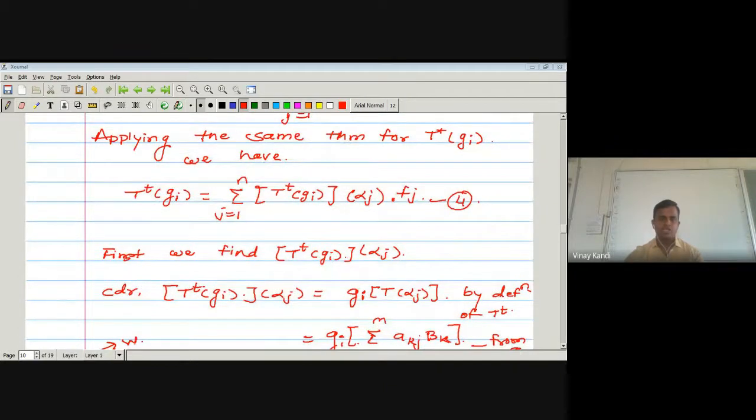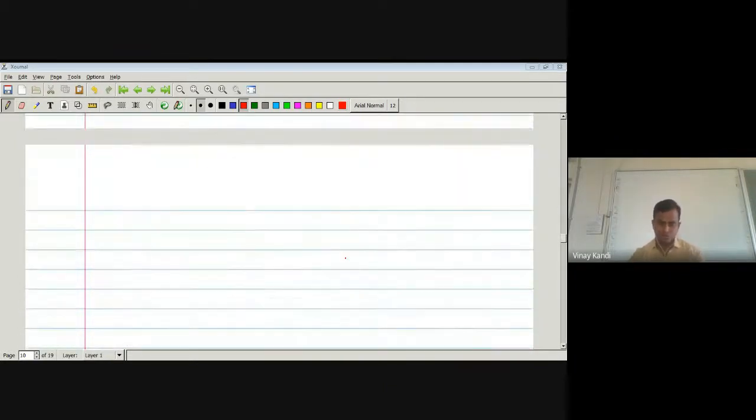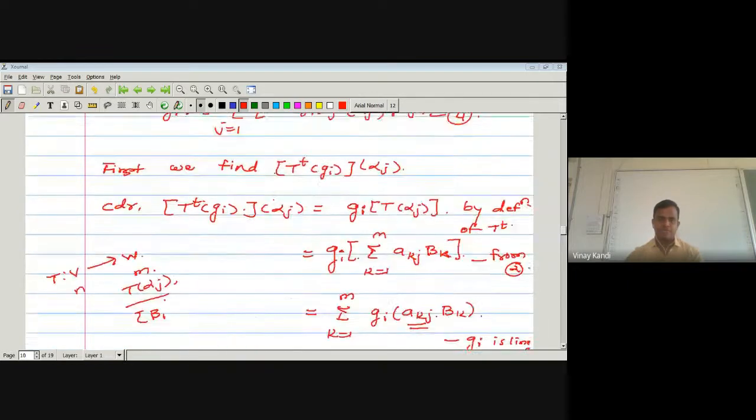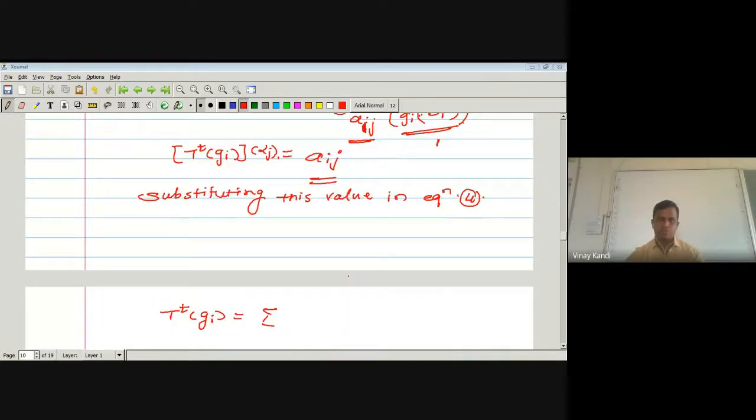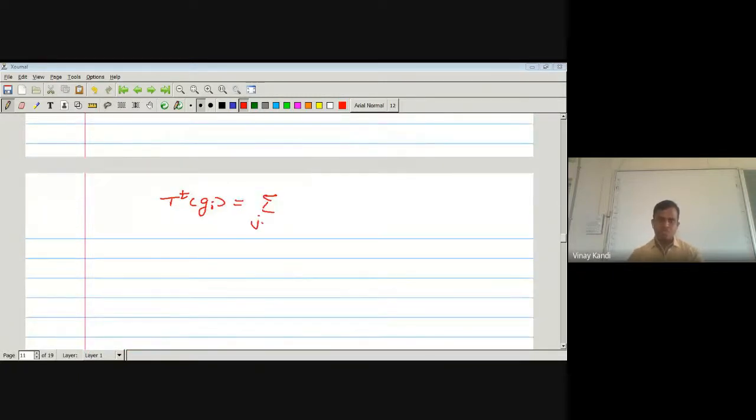This one: T transpose of GI is equal to summation. Look at equation number 4: T transpose of GI is equal to summation, J running from 1 to N, AIJ into FJ. Okay, summation J running from 1 to N AIJ FJ. This is equation number 6.